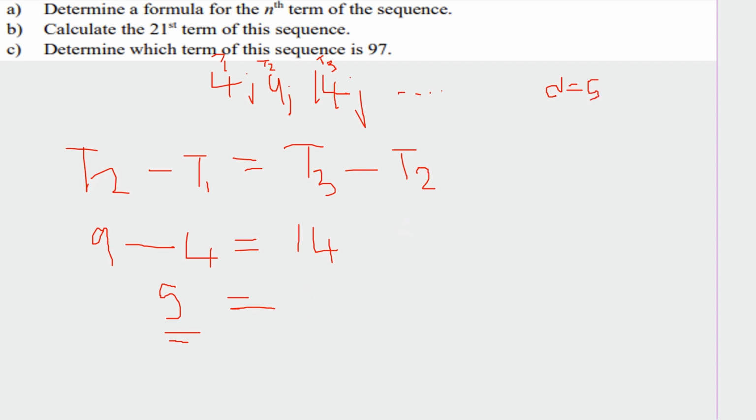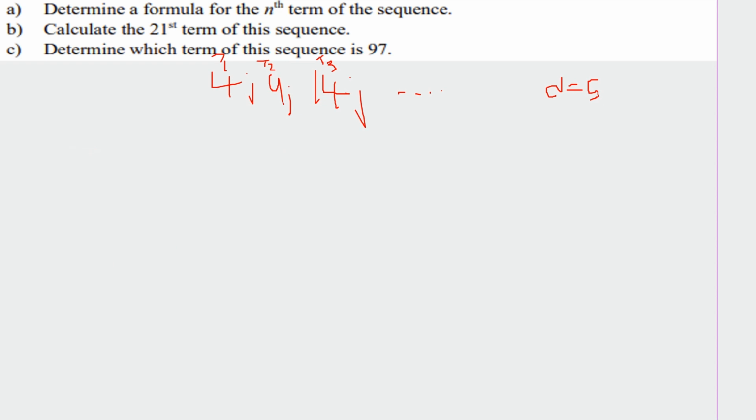So now we know our constant difference is 5, and the sequence is an arithmetic sequence. And then what else do we know? We also know the value of A, because remember, the value of A is the first term of the sequence. Every time, the first term of the sequence represents the value of A. This is 4 here.